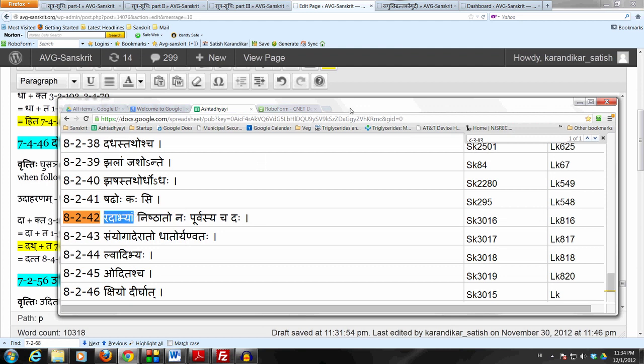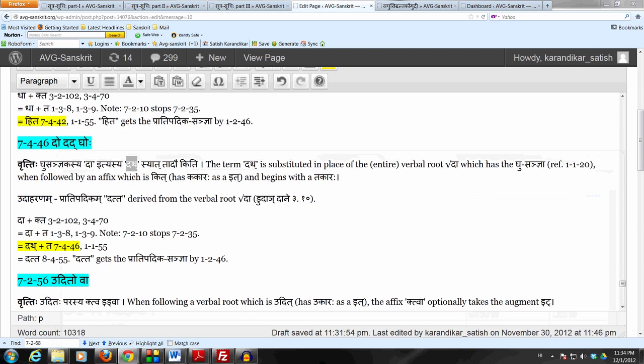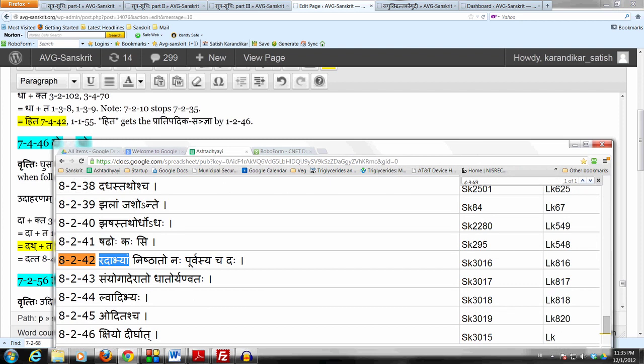So if the adesha in this sutram were to be dad, then there could potentially be the application of 8 to 42 and the nishtha takaraha would become a nakaraha, which we don't want to happen here. So that's the complication if we take the adesha as dad ending in a tritiya varnaha dakaraha.